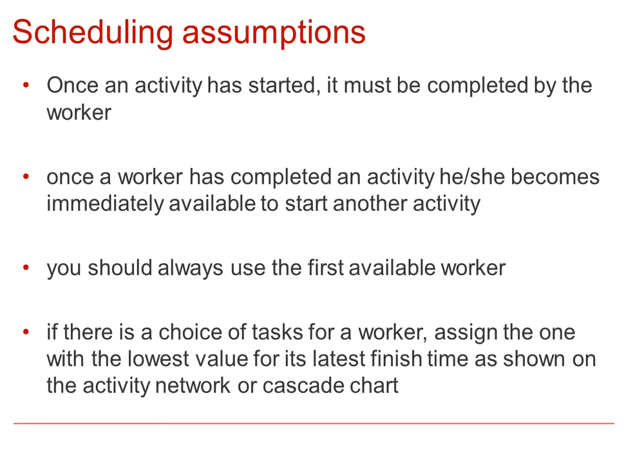The scheduling assumptions are that once an activity is started, it must be completed by the worker, that once a worker has completed an activity, he or she becomes immediately available to start another activity, so no breaks need to be taken into consideration, that you should always use the first available worker rather than sharing the work out, and if there is a choice of tasks for the worker, assign the one with the lowest value for its latest finish time, as shown on the activity network or cascade chart.